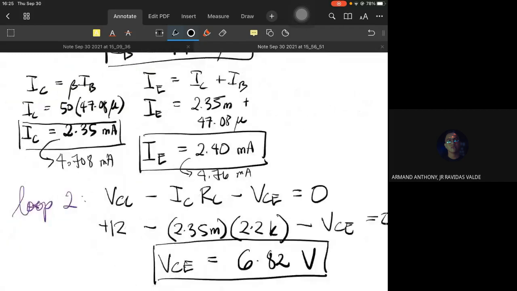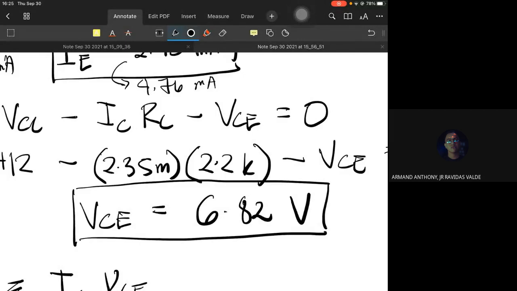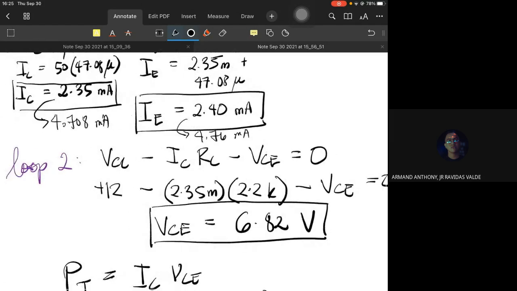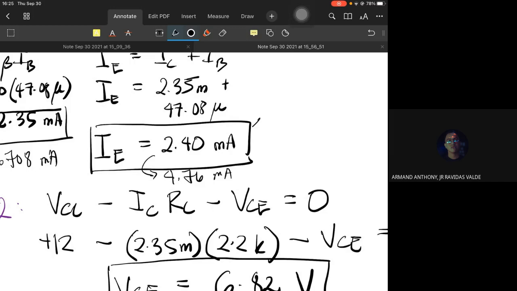Na usually dili na to i-connect ang atong load kay VCE. So 6.82. Okay. Or in hindsight na lang, no, ang overall gain is for the most part is magdepend man pud siya kang IE, no, sa IE. So if nila ko si IE, ma-change pod ang atong overall gain, no load gain.